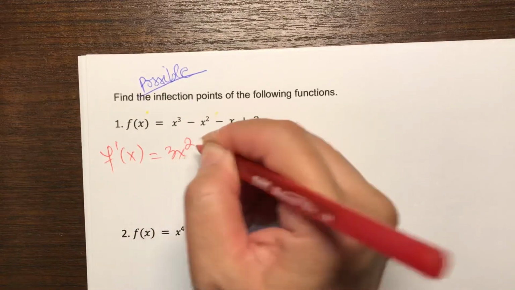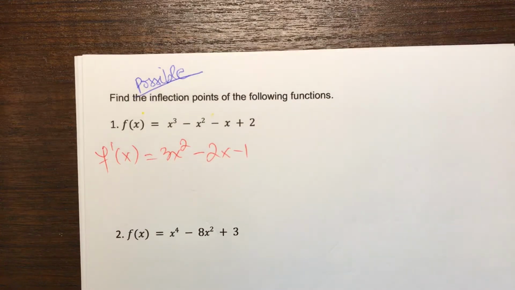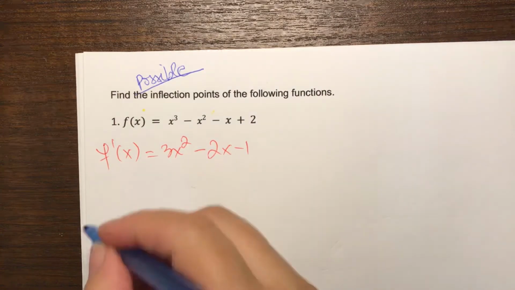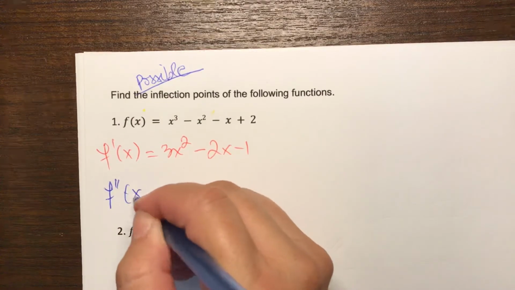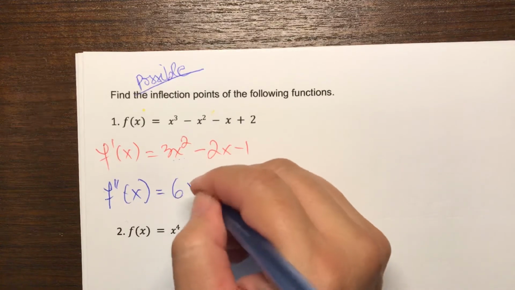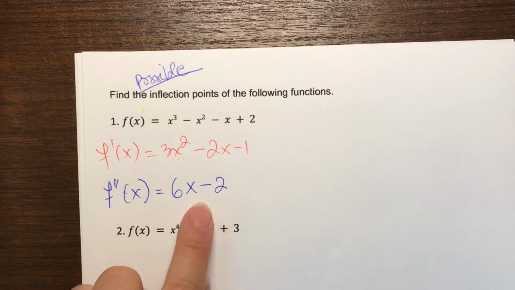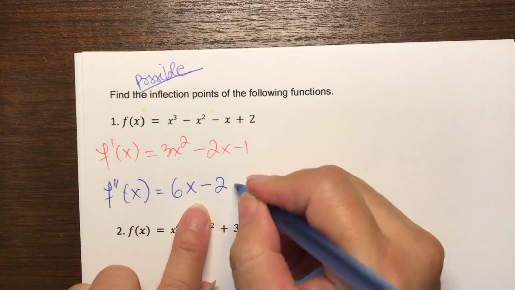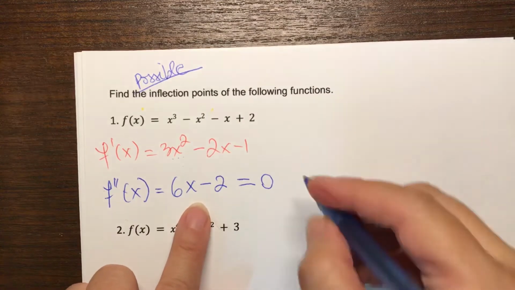That's 3x squared minus 2x minus 1. Again, with the first derivative, we're going to do that in a bit. But what I want to do is just find those possible inflection points. So it's about the second derivative. That's 6x minus 2. Now, that's never going to be undefined. Why? It's not a fraction where the denominator could be 0. But can this second derivative be 0? Sure enough, where?